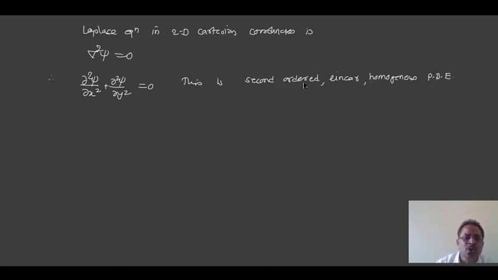Linear because no power term more than 1 exists anywhere in the equation. Homogeneous because the right hand side is simply 0. So the Laplace equation in the two-dimensional Cartesian coordinate system takes the form shown by this equation.